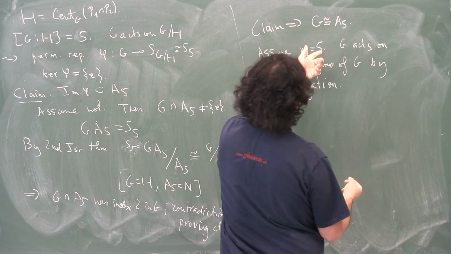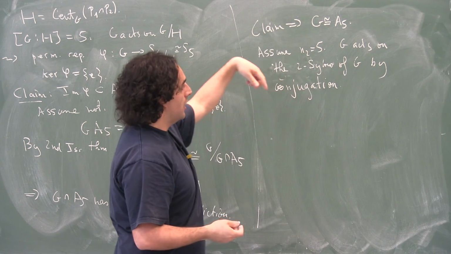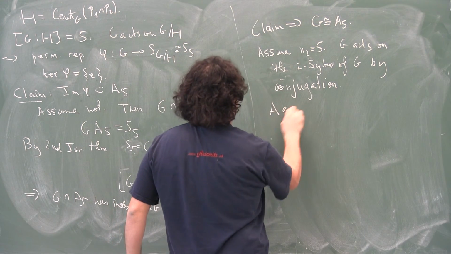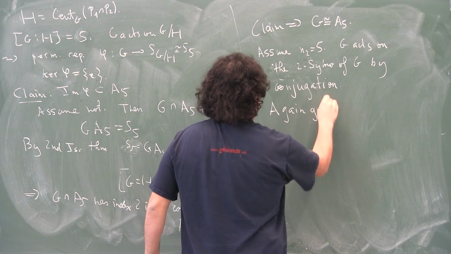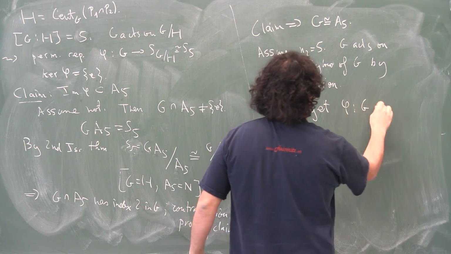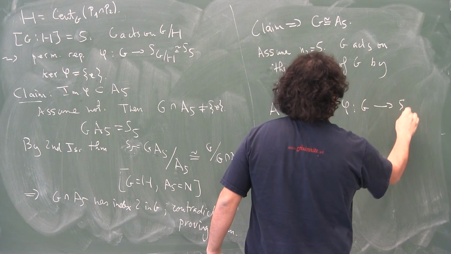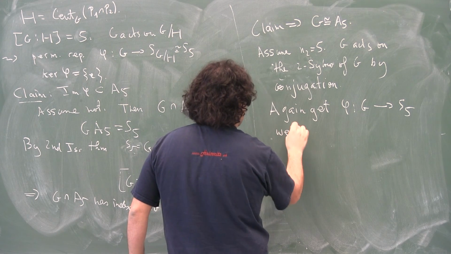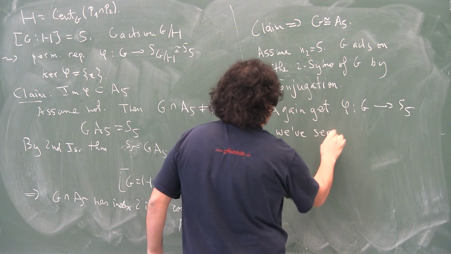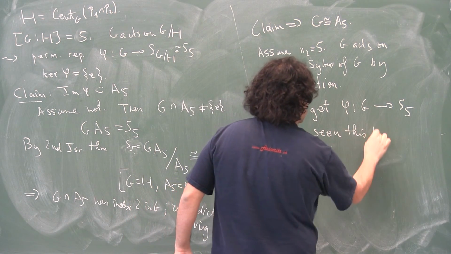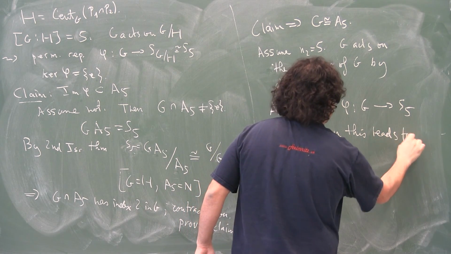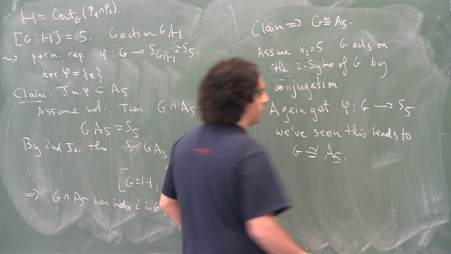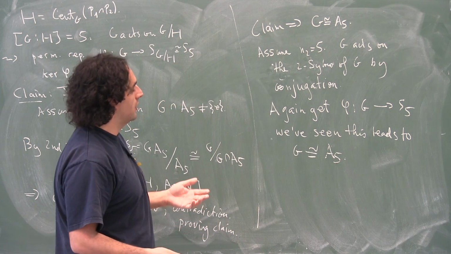And because there are 5 of them, this is G acting transitively on a set of order 5. So again, we get a phi from G to S5. And we've seen this leads to G isomorphic to A5 by the argument we just did.